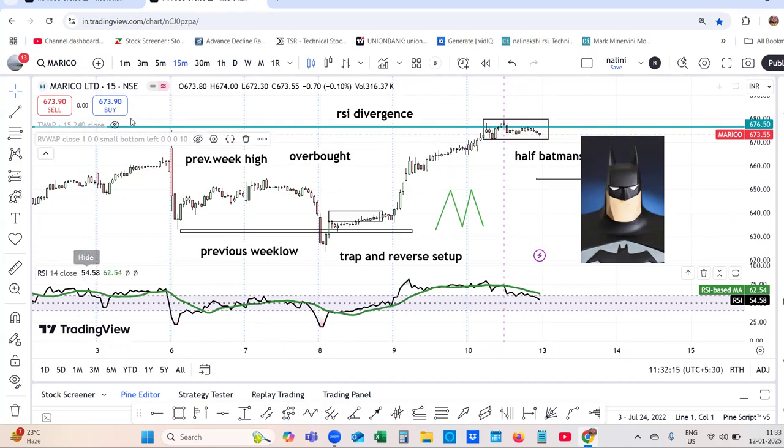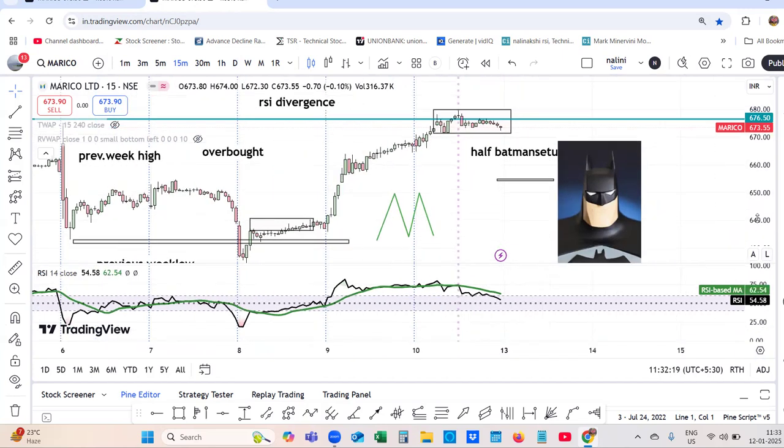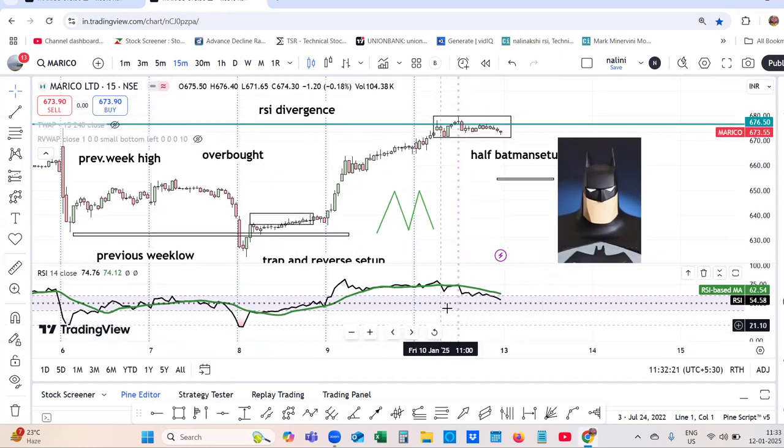If you see the RSI, if I put a vertical line over here, it is the higher high in this area. So correspondingly, already RSI has shown weakness.